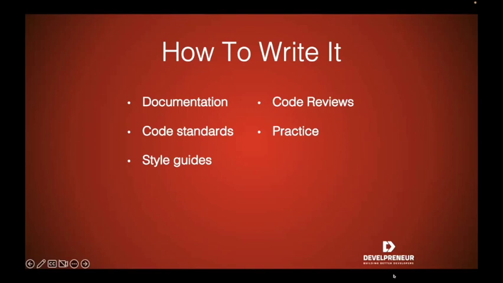Which leads into style guides. Style guides are the way you should organize your code, the way you should name your variables, your methods, and your classes. All languages have basic coding standards and style guides.